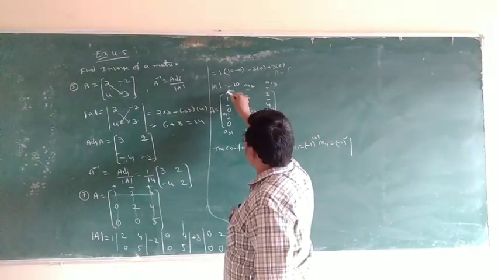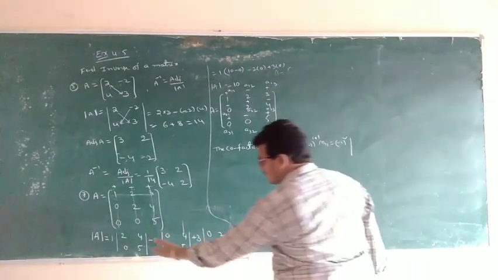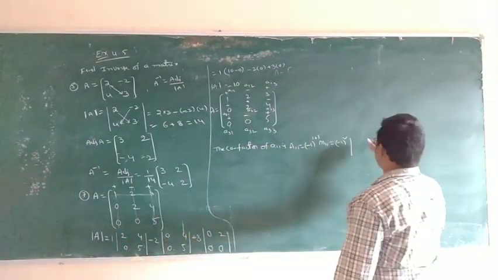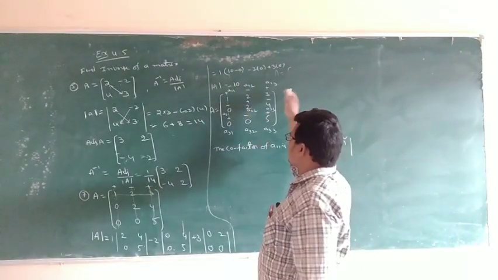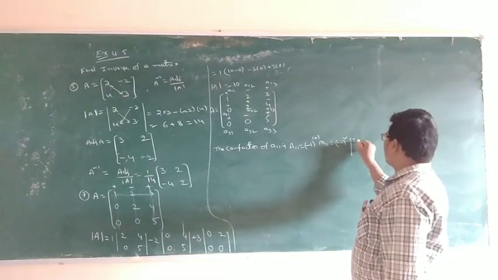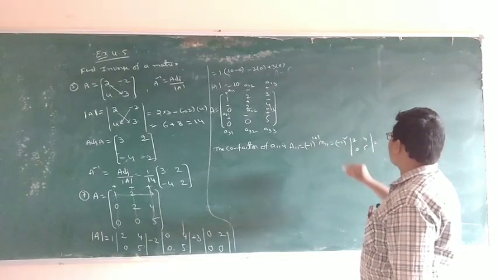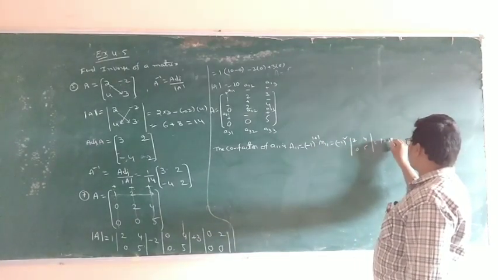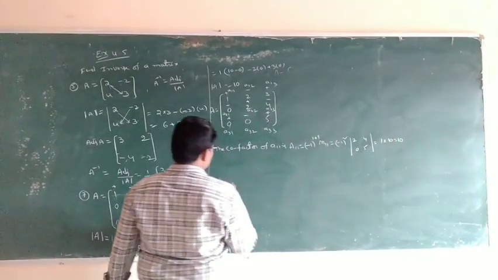M11, the minor, is nothing but the corresponding row and column deleted, and the determinant of the remaining 2 by 2 matrix, 2 4 0 5. That is equal to minus 1 whole square, 1 into 10, is equal to 10. That is the cofactor.